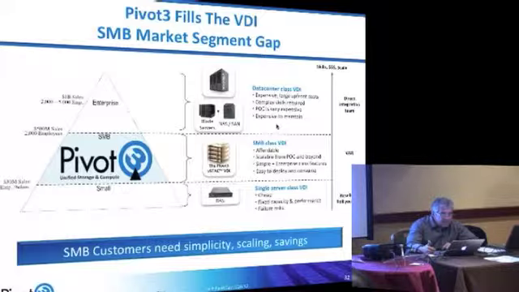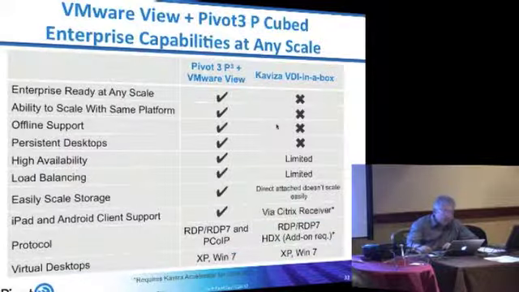So there's a nice little positioning point for us right now, which you'll see on the next slide, which is this slide here, which is Pivot3 plus VMware View, basically bringing some enterprise capabilities down into that, let's say upper small to lower mid to maybe mid market, and that's kind of where we're positioned.